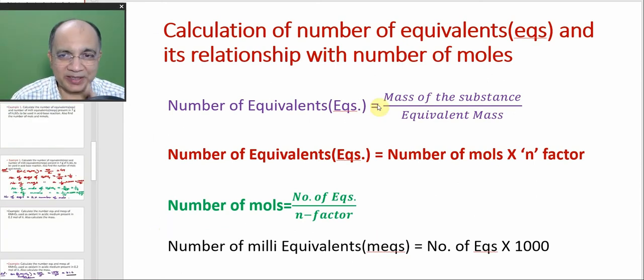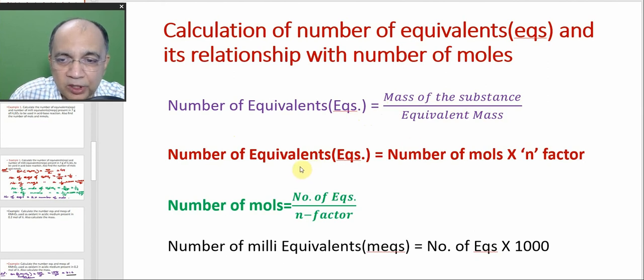Now, let us calculate the number of equivalents, just like we were calculating number of moles. Similarly, we can calculate number of equivalents and its relationship with number of moles. Just like number of moles is equal to the mass of the substance by molecular mass, in the same way, number of equivalents, shortly we write EQs, is the mass of the substance by its equivalent mass.